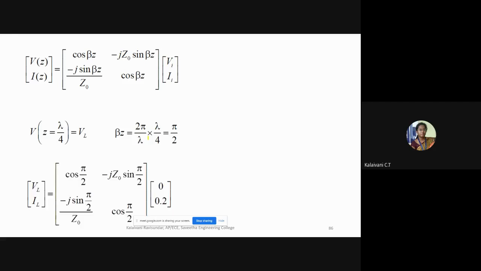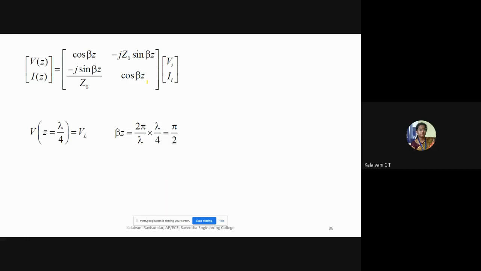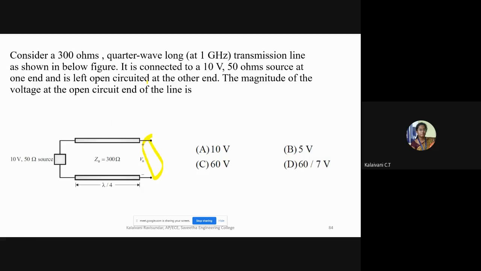VL by IL equals cos pi by 2 and so on. Since beta z is equal to pi by 2, we are substituting pi by 2 here. Here sin pi by 2, equal to the input voltage and current. So the voltage is 0, the current is 0.2. From where did you get that value?